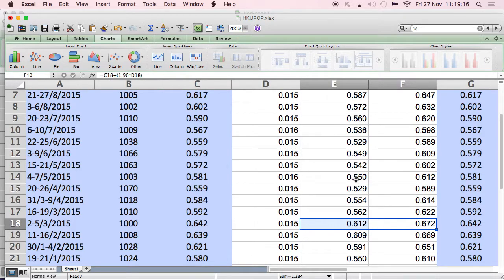As you can see, that one is 55% to 61.6. And then that one is 61.2 up to 67.2. Actually meaning that the confidence intervals somehow do not cross each other.